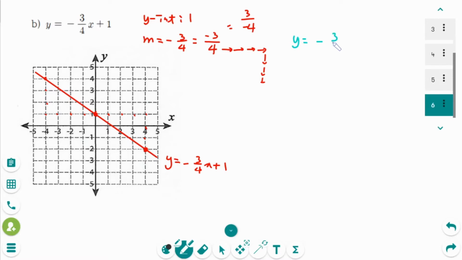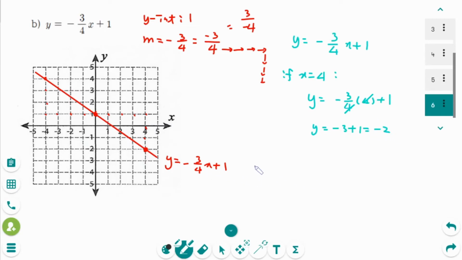Or if we plug in 4 for x, if x equals 4, then y equals minus 3 over 4 times 4 plus 1. The denominator is erased, so making it easier to calculate. So y equals minus 3 plus 1, which is minus 2.